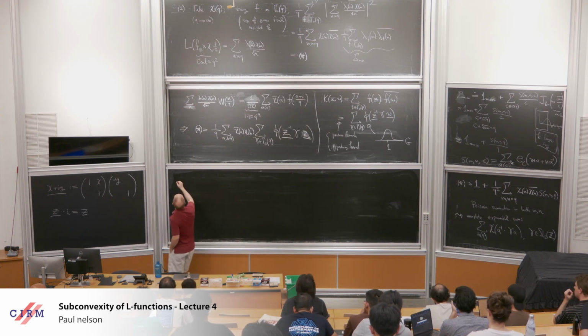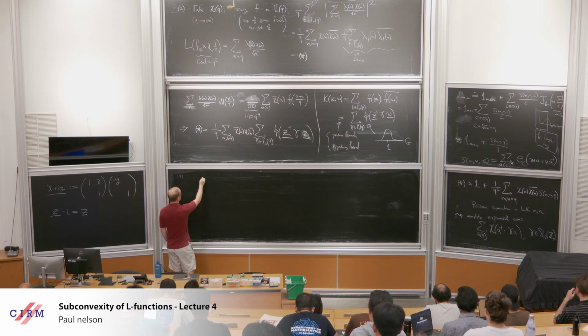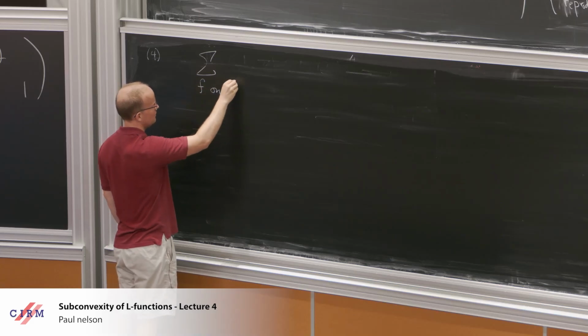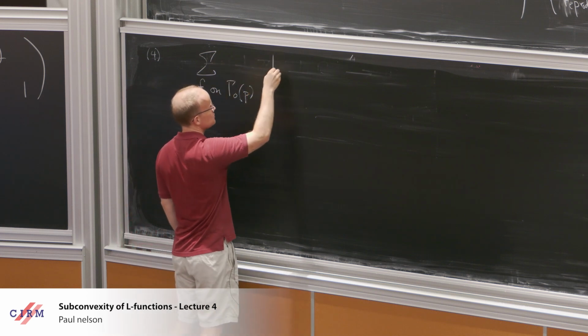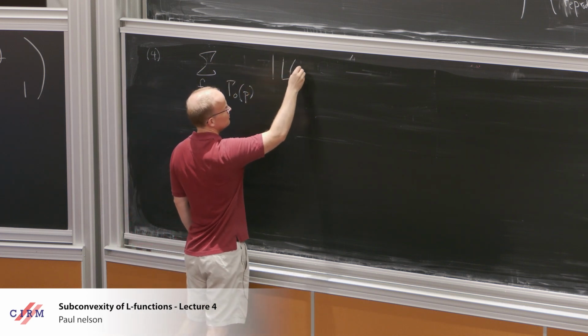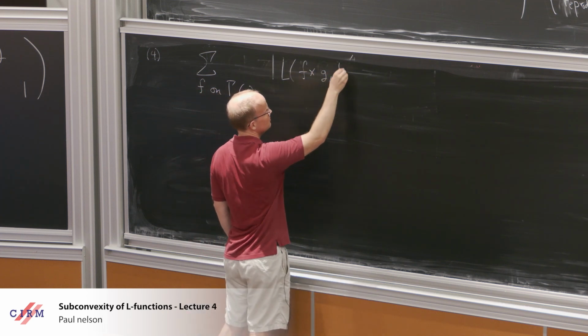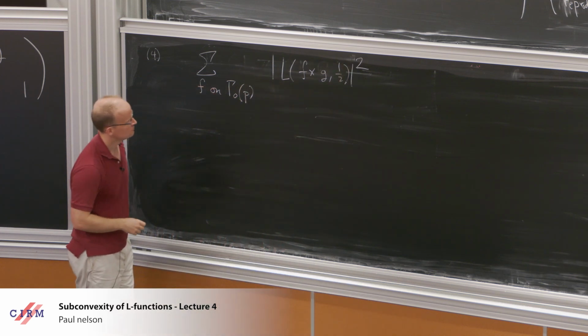So for an illustration of 4, the version I'll consider is, let's take f again on gamma naught of p, and we could, for example, consider the 4th moment of the standard L function for f, but instead we'll consider, like in this paper of Philippe that I mentioned, this kind of twisted 2nd moment.